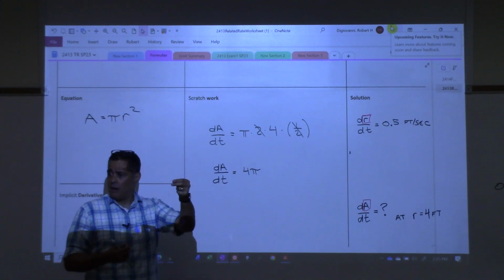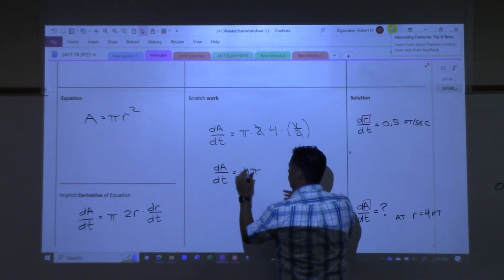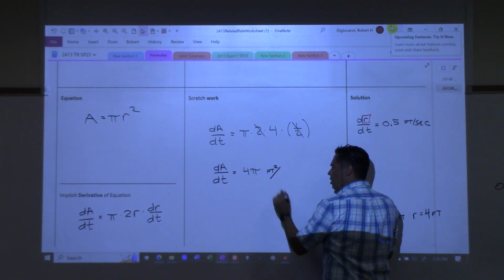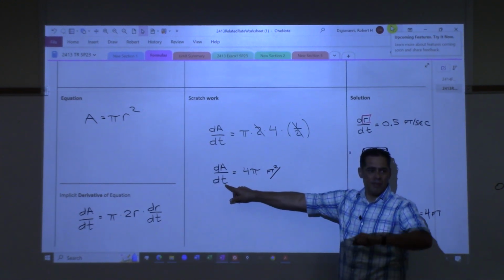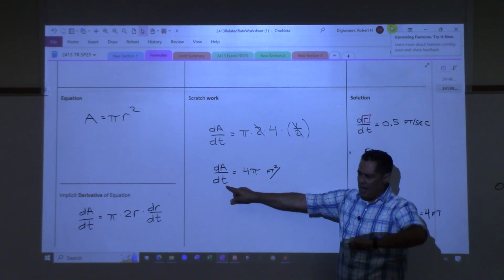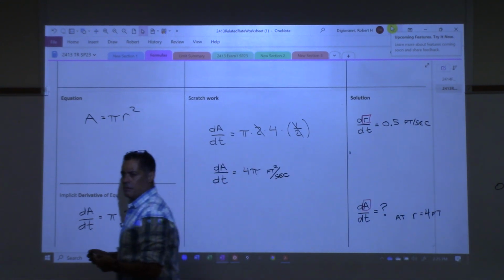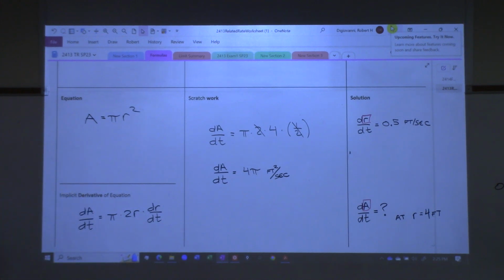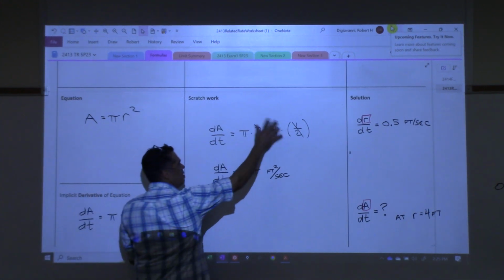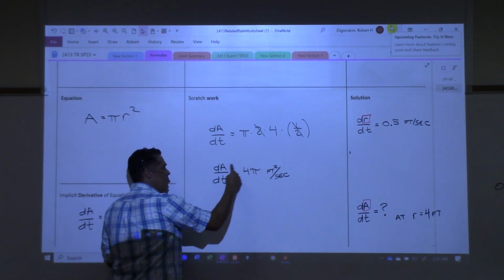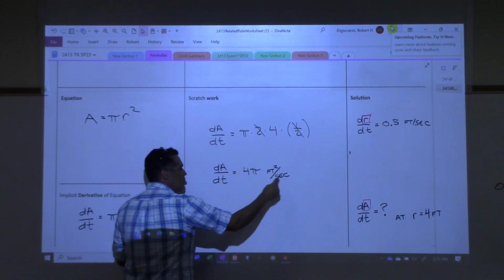Feet squared, right? So in the numerator, I have square feet per, now the denominator is time, and how is time measured in this problem? Seconds. So there you go. I don't even care about all the units in here because this tells me the units of my answer. It's the unit of the area, which is square feet, over the unit of time, which is seconds.